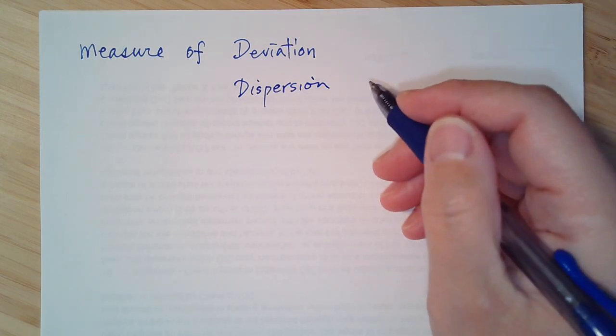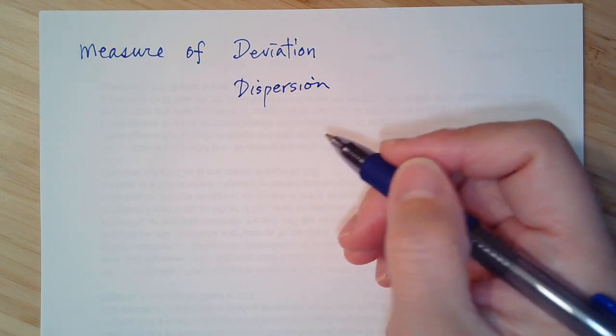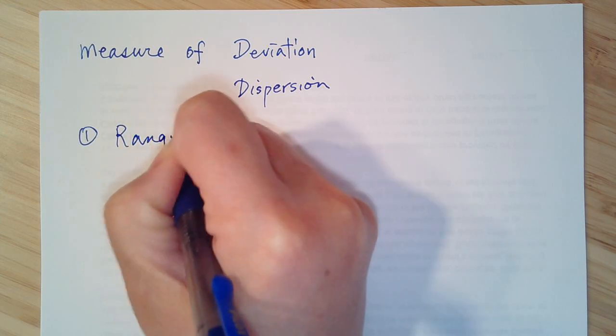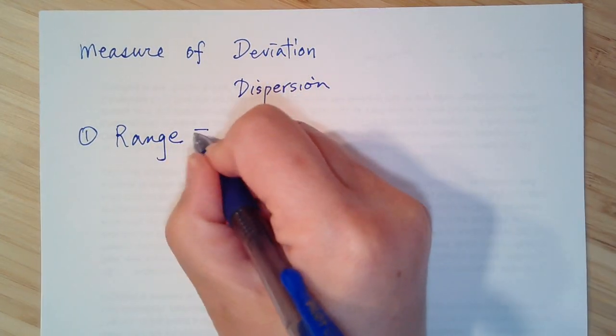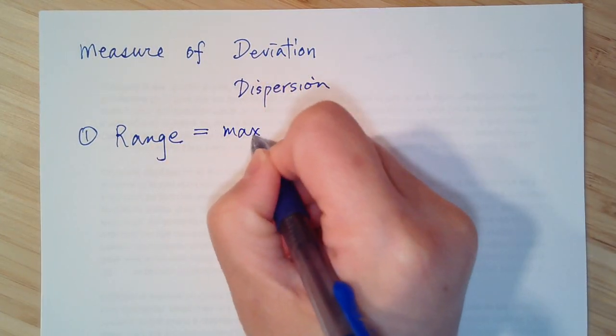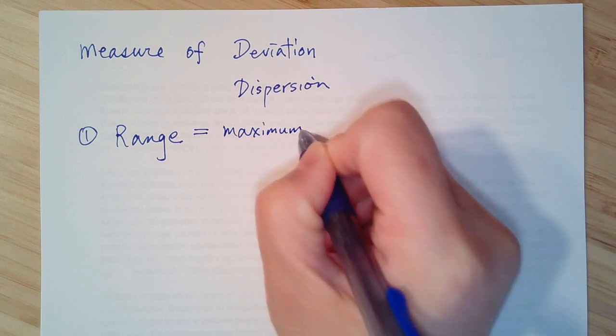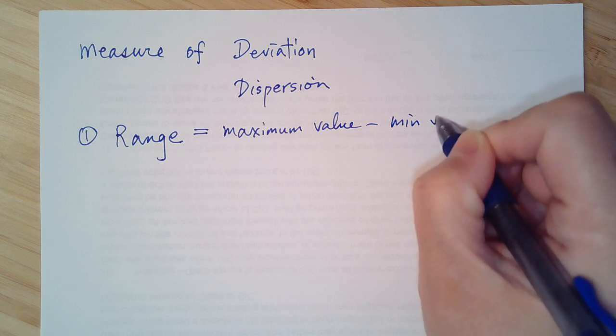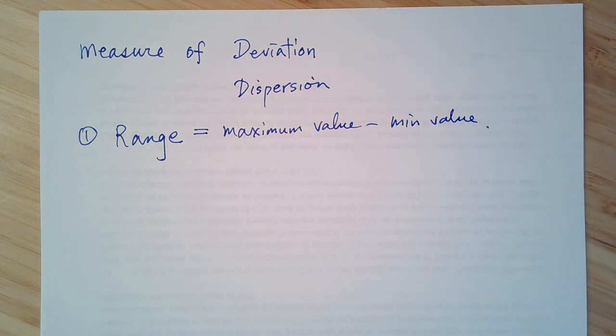Okay, and we're going to learn the following concepts. The first one is the range. The definition of the range is the maximum value minus the minimum value. If you think about what we learned in Algebra 1 and Algebra 2, every time we talk about a function, there's a range, right?